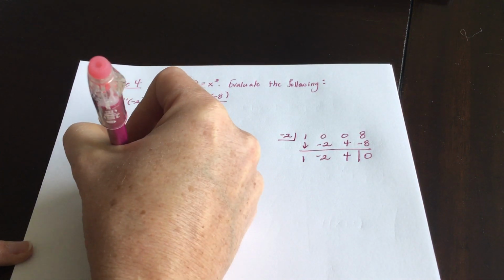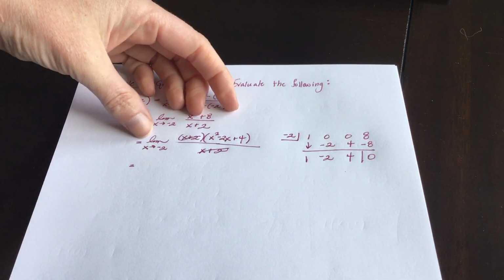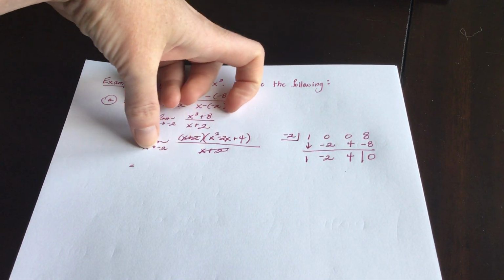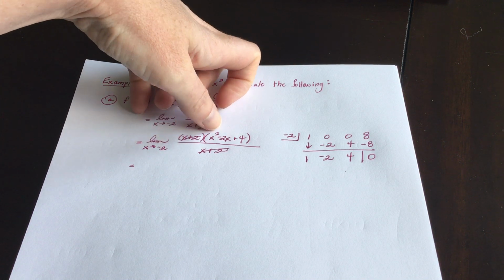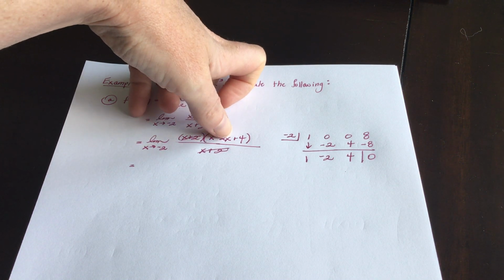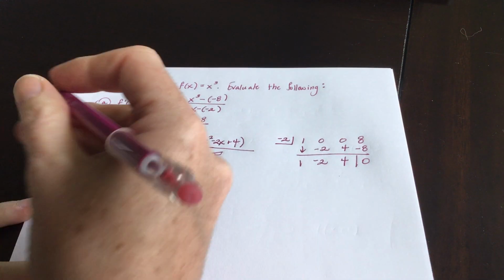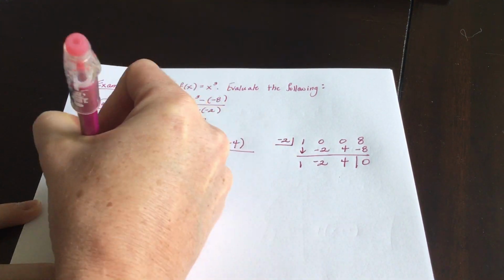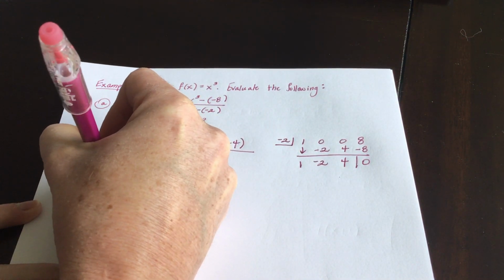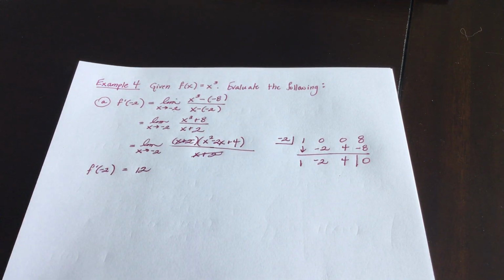And your x plus 2's cancel. Bye-bye indeterminate form. Let all the remaining x values attain a value of -2. So we'd have 4 plus 4 plus 4. I think that's 12. Okay, so we'd end up with f prime of -2 is 12.